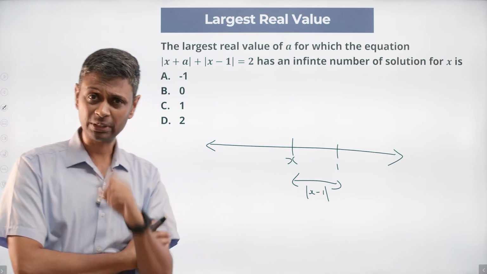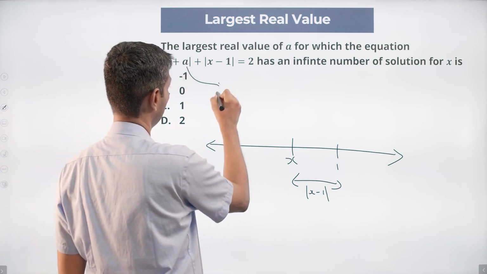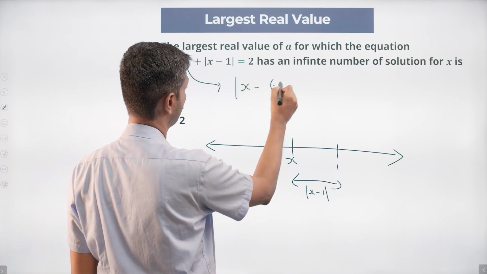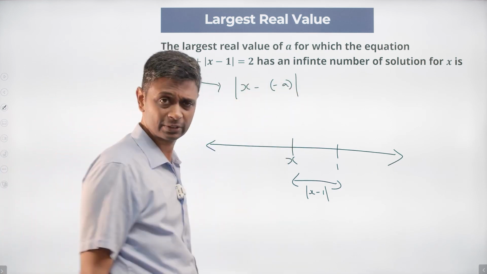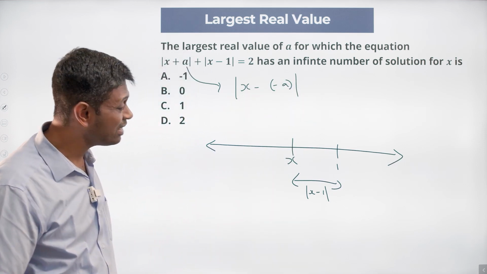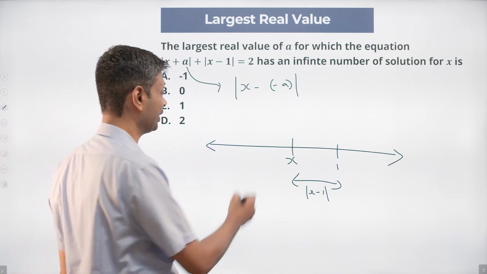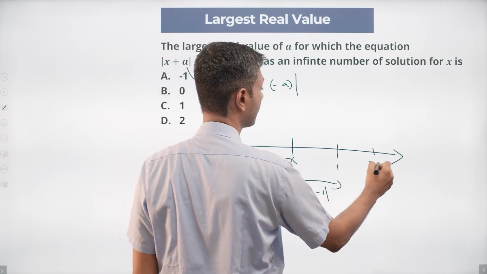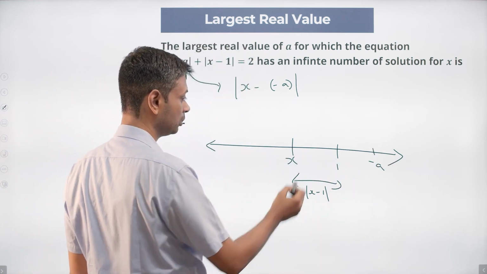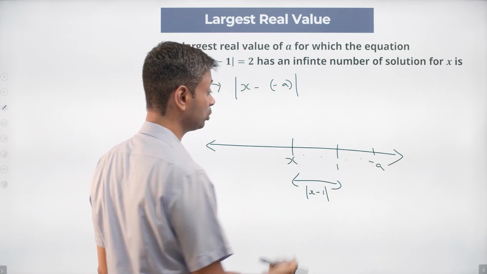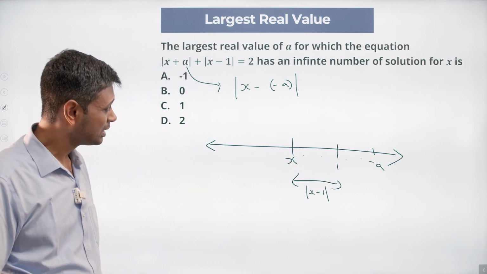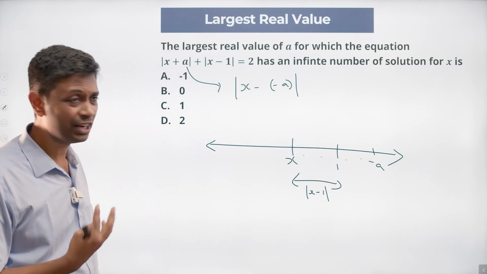Modulus of x minus 1 plus modulus of x plus a equal to 2. You want to think about x plus a as modulus of x minus (minus a). And so it will have infinite solutions. So if minus a were here, x could be here, put x equal to 2. And so now think about it. When will it have infinite solutions?